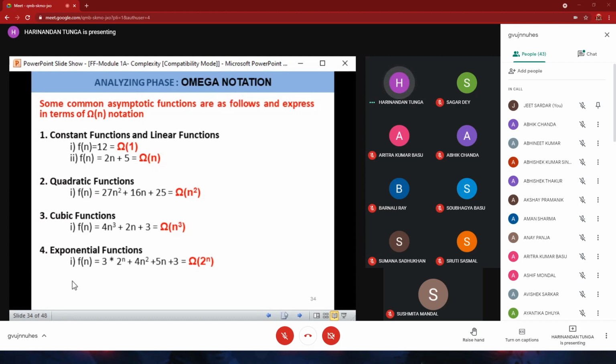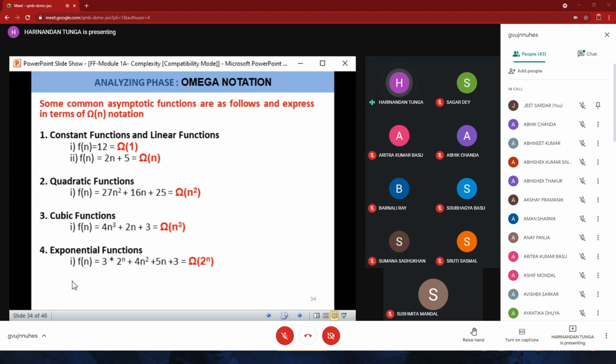For the second function, the linear function, 2n plus 5 is greater than or equal to 2n, where n is greater than or equal to 1 or 0. Which one is appropriate?